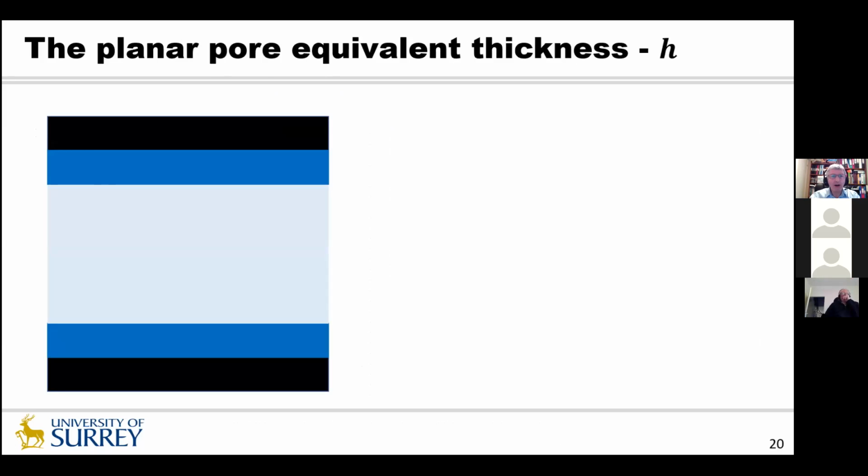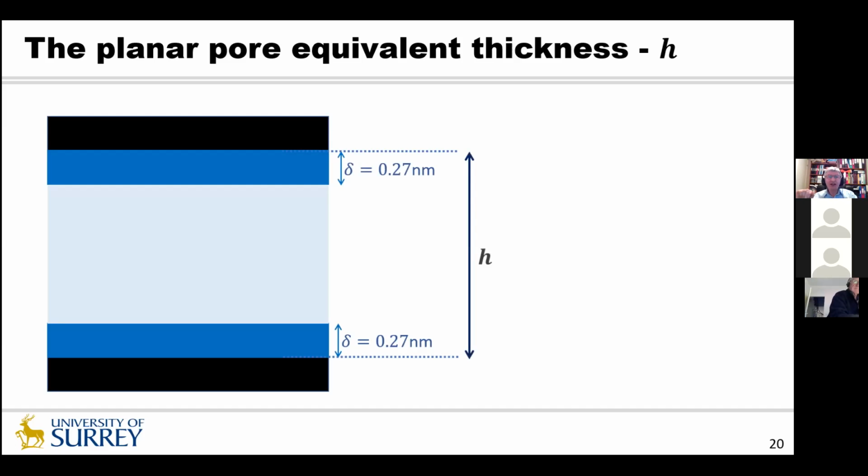So here's our pore. We have solid at the top and the bottom because we're interested in both surfaces of the pore now. So we have a planar pore. We know that the surface layer of water is our standard distance, 0.27 nanometers. If we look at the total thickness of the planar pore, we call that H. We have from our fit result the surface water fraction, the surface to volume ratio, also called.